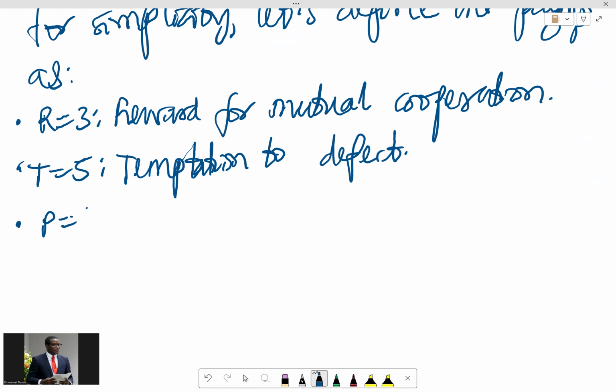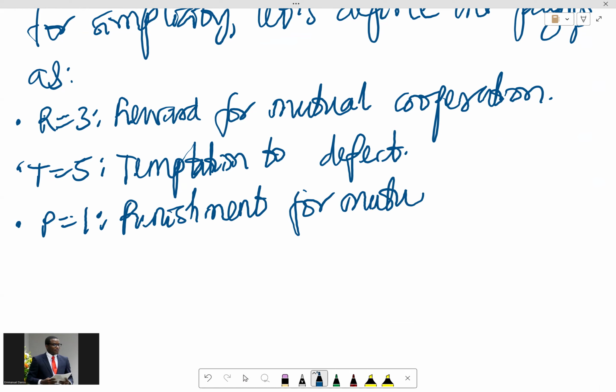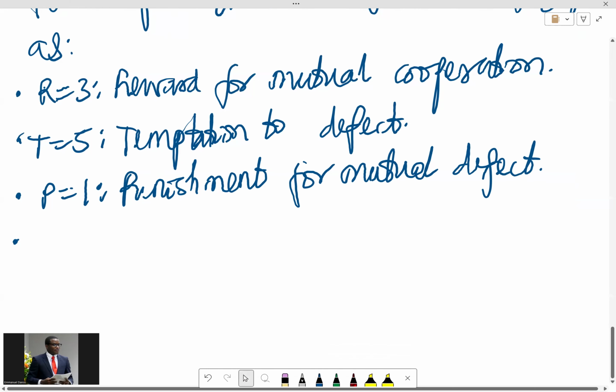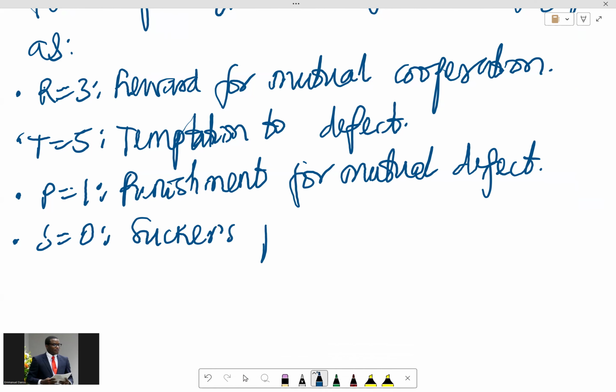So P equals 1 will be punishment for mutual defection. That means if both of you mutually betray one another, then you get 1 point. Then there's S equals 0, which is the sucker's payoff for unilateral cooperation.